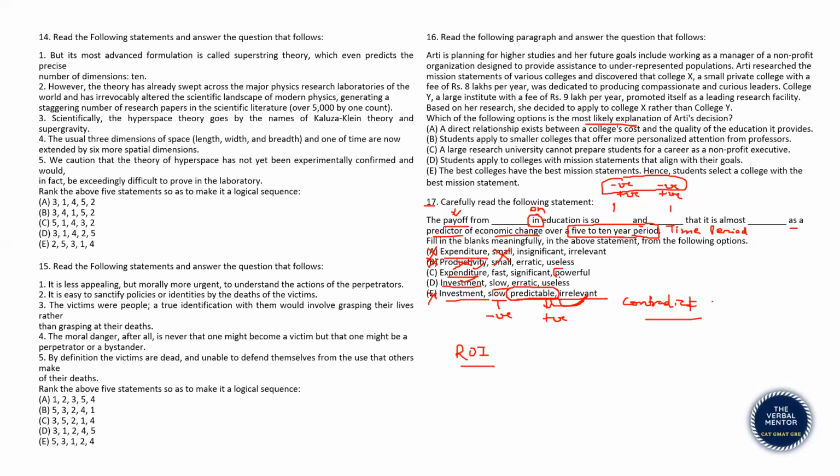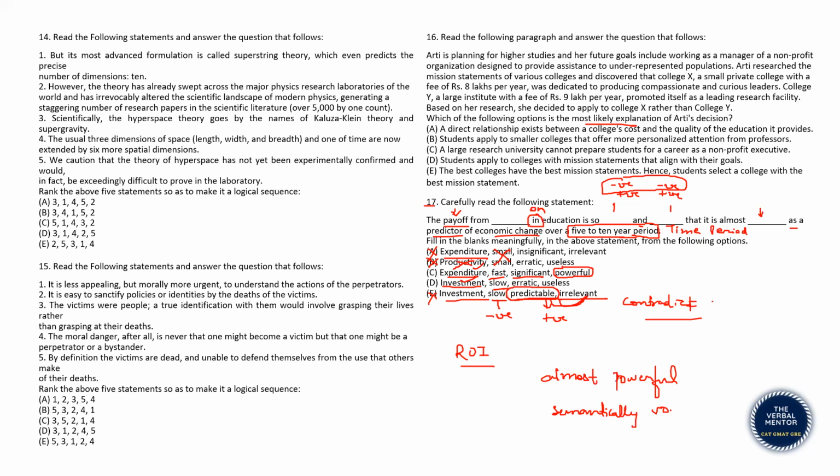Second thing, if I plug in powerful in the third blank, if the return on investment or expenditure in education is so fast and significant that it is almost powerful, of course, it is not almost powerful, then it is definitely powerful. So this type of a construction here, almost powerful, becomes semantically void, which means it does not have any meaning, any sense.